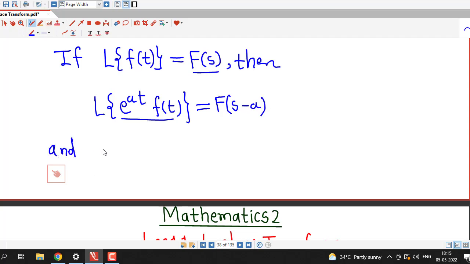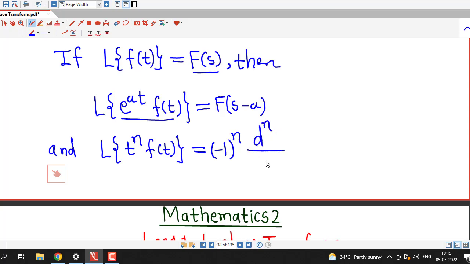And the Laplace transform of t raised to n times f of t is equal to minus 1 to the power n times the nth derivative with respect to s of the function capital F of s. So we have two formulas here: the function is multiplied by an exponential function, or by some power of t, where this power is of course a natural number.